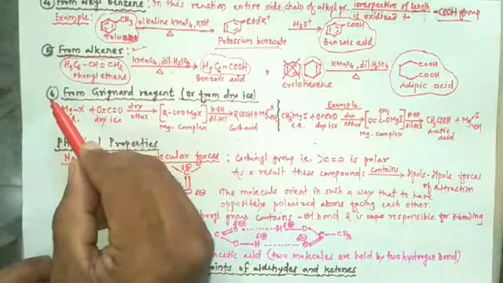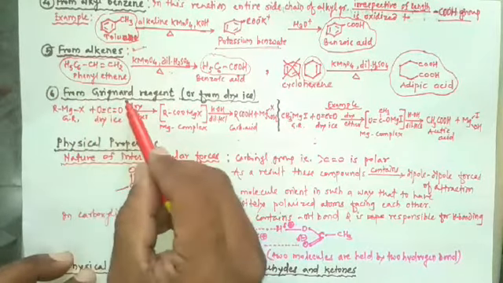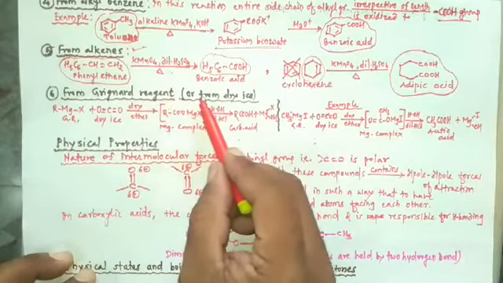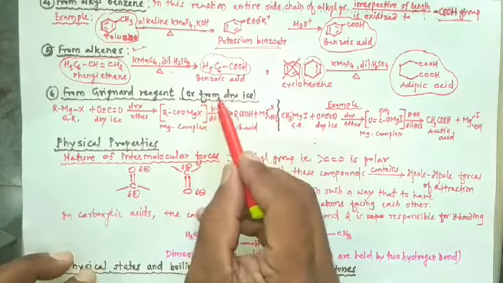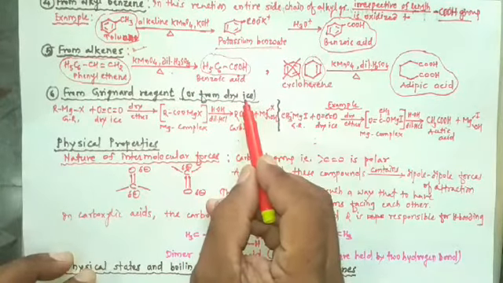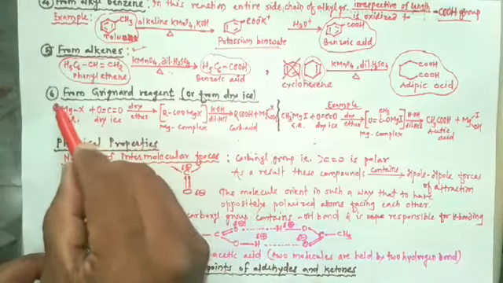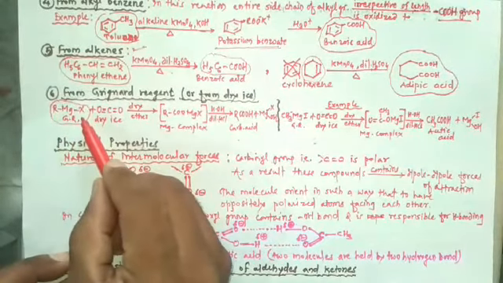Then the next method is the preparation of carboxylic acid from Grignard reagent, or this method is also called preparation of carboxylic acid from dry ice, that is solid carbon dioxide. I am going to explain this reaction.